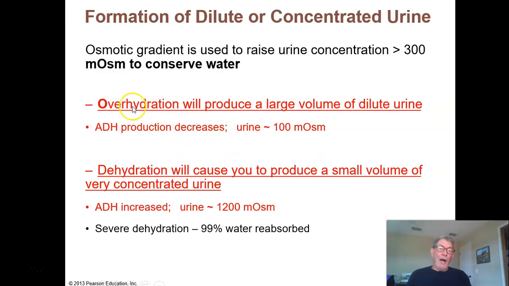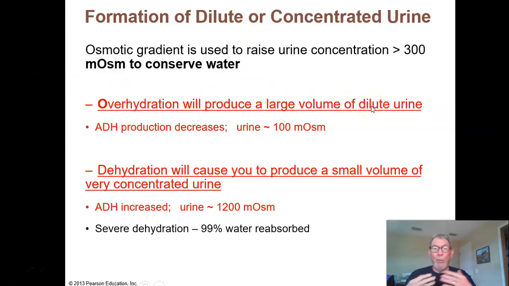So if you're overhydrated and you need to get rid of that extra water, you still reabsorb a lot of water here, a lot of electrolytes here, but ADH will be turned off because you have too much water. You don't want antidiuresis. You'll close all those aquaporins, and all of that extra water in your urine will just come right on out.